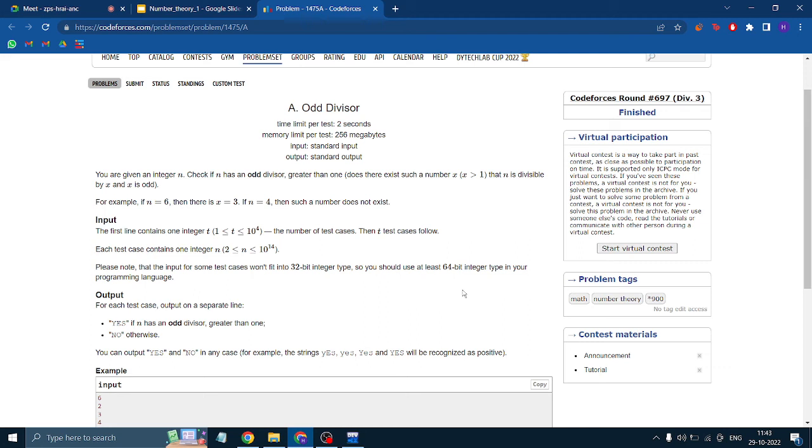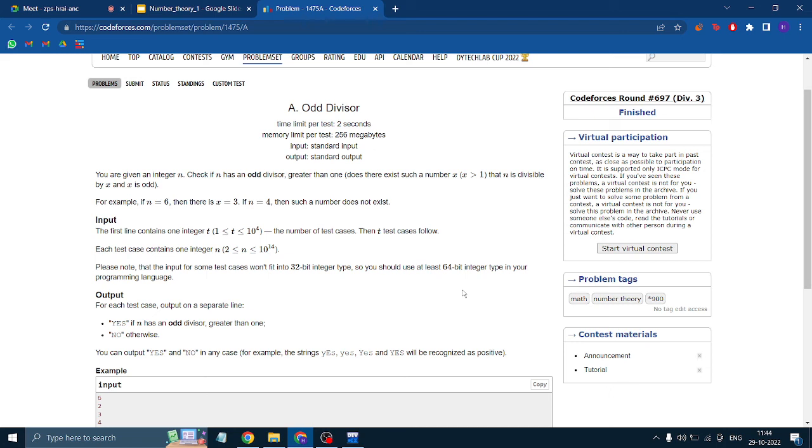Here we have to simply check if the given number n has any odd divisor. Try to think of it in terms of the prime factors of n.